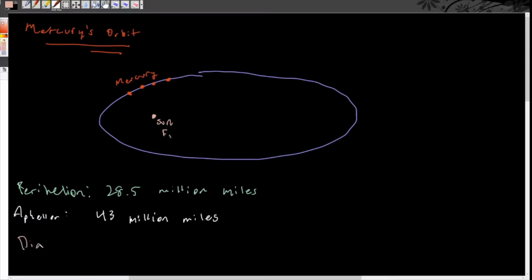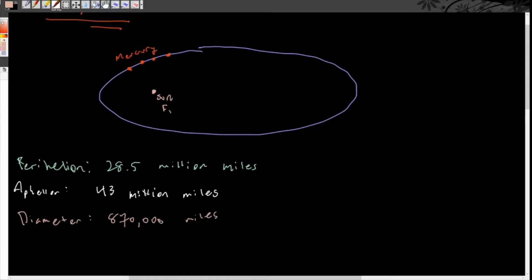We can't just say the Sun is a point. The Sun has a diameter and it is 870,000 miles. Well, there's the first problem. They're not all in the same units, so really this should be 0.87 million, right? That's what we really want. Okay, so let me draw.